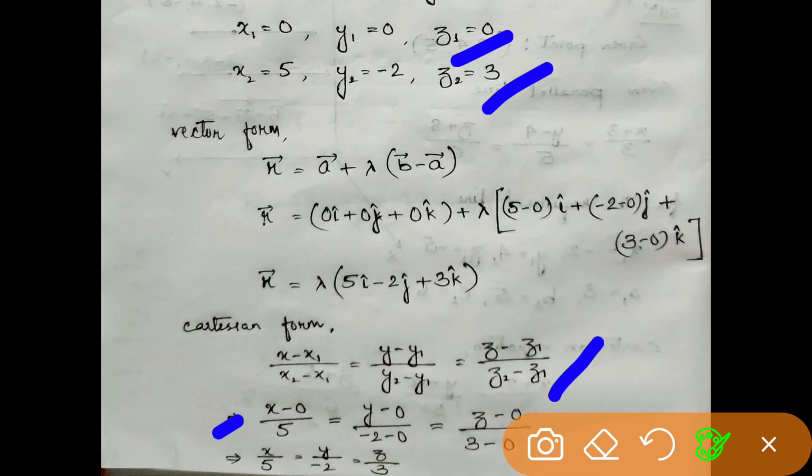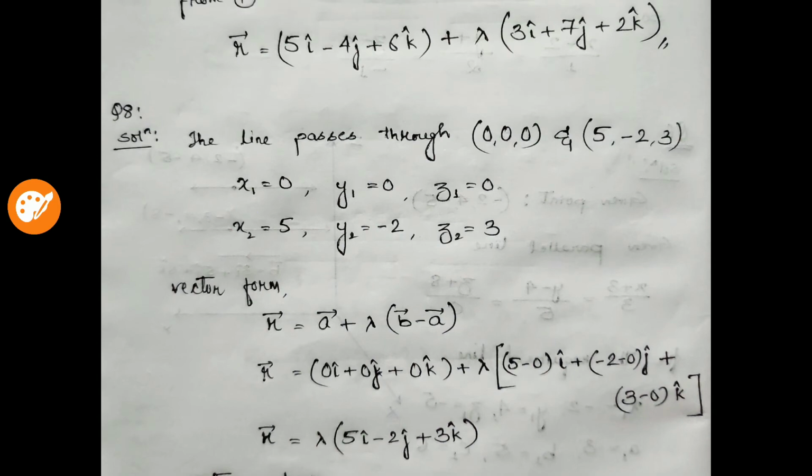Don't get confused that somewhere it is x1 y1 z1 and somewhere a1 b1 c1. They are just notations, and you need to understand the notations and write accordingly. Here I have written x1 y1 z1 because this Cartesian formula was there, to make it clear. Otherwise I would have written a1 b1 c1. Understand?